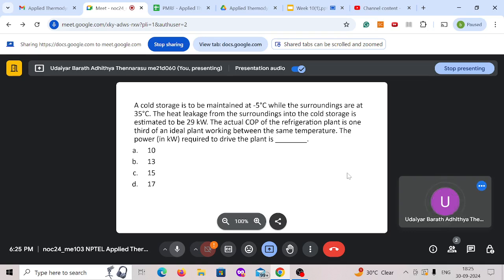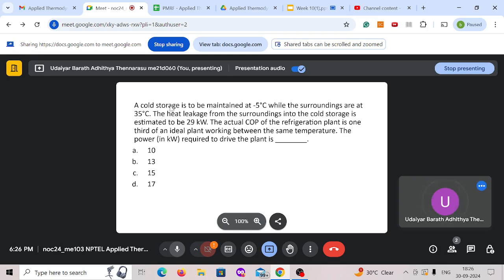So it will take thrice the amount of work for the same amount of cooling to be provided as the ideal refrigerant system. Suppose you are getting W amount for 1 kilowatt of cooling in an ideal Carnot refrigeration system, then this actual refrigeration system will take 3 kilowatts for the same amount of cooling to be provided.